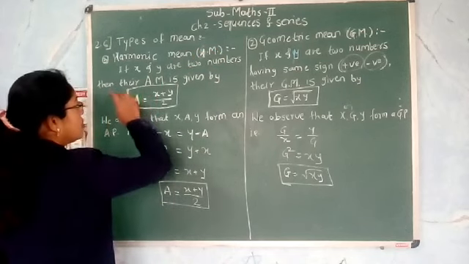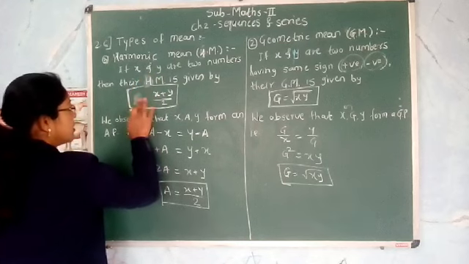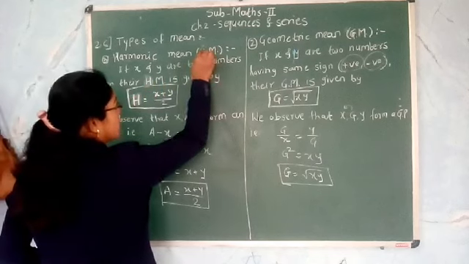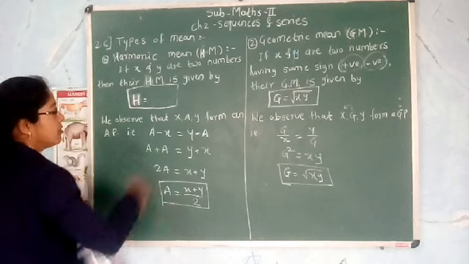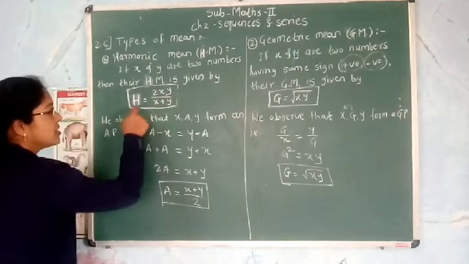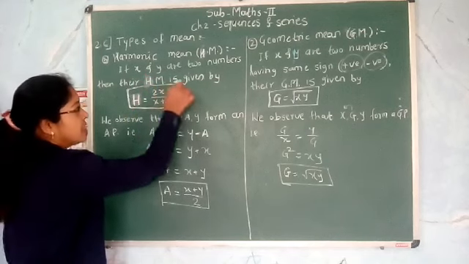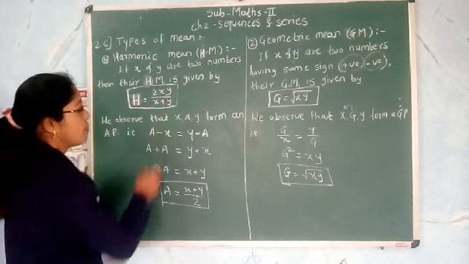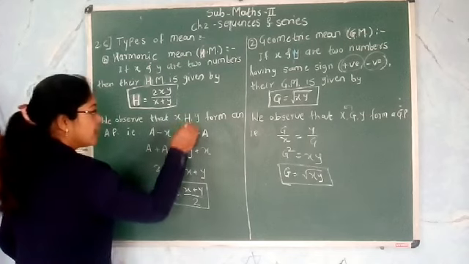If x and y are two numbers, then their harmonic mean is given by, harmonic mean चा formula असा आहे, HM ने denote करतात harmonic mean, and the formula is h is equal to 2xy upon x plus y. This is the formula for harmonic mean. x and y are two numbers, then their harmonic mean is given by h is equal to 2xy upon x plus y.